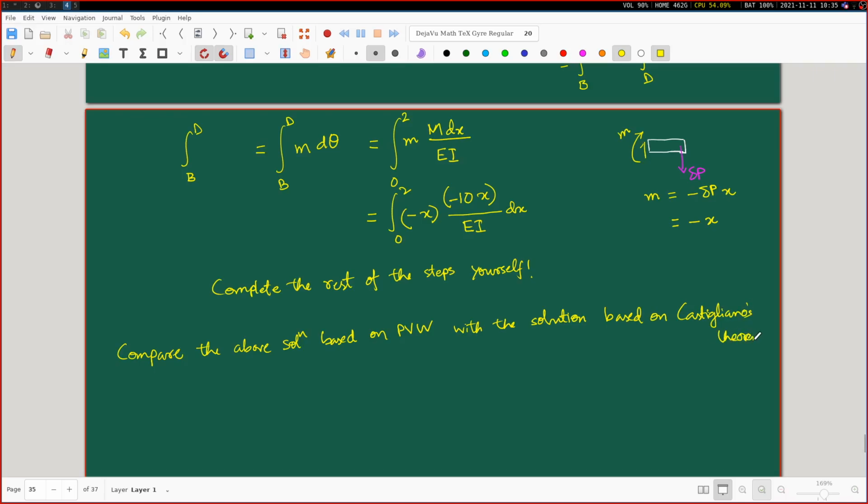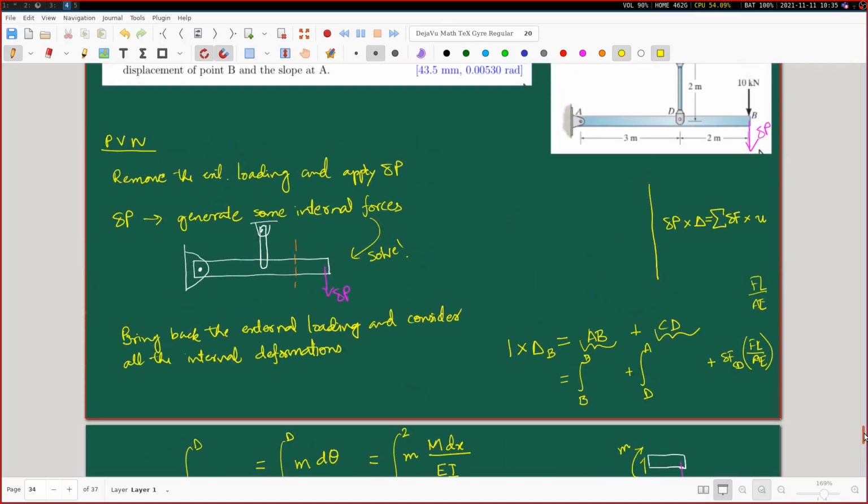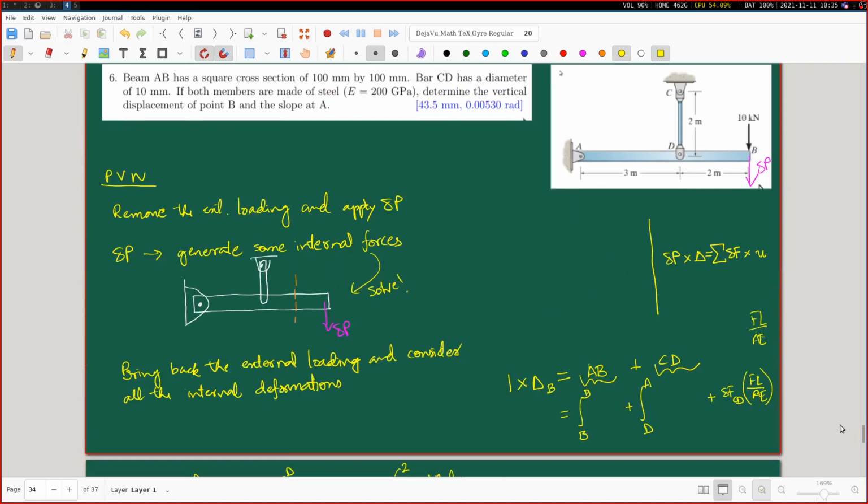Please note that Castigliano's theorem is not like a magic bullet. For the application of Castigliano's theorem also, you will have to determine the force in this member CD, and then you will have to determine the moment all along this member BA. You will also have to consider the axial deformation of it.